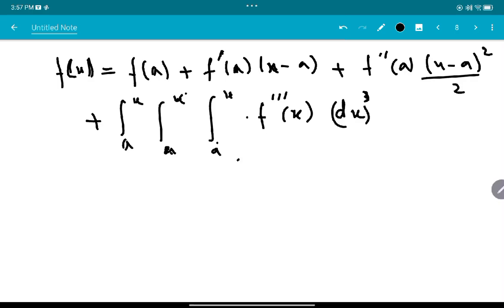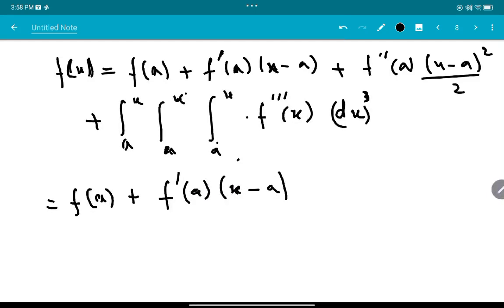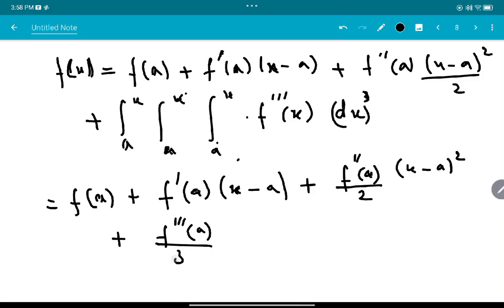Now there is one more thing. Look here, you have f a. Let's write it here: f a plus f dash a into x minus a, plus f double dash a by 2 into x minus a whole square, plus then we will have f triple dash a by 3 factorial into x minus a whole cube.